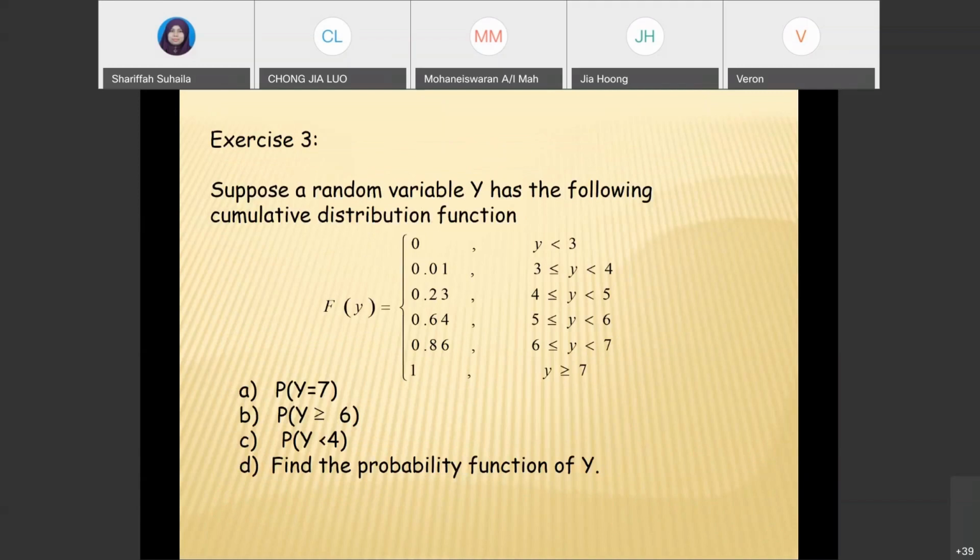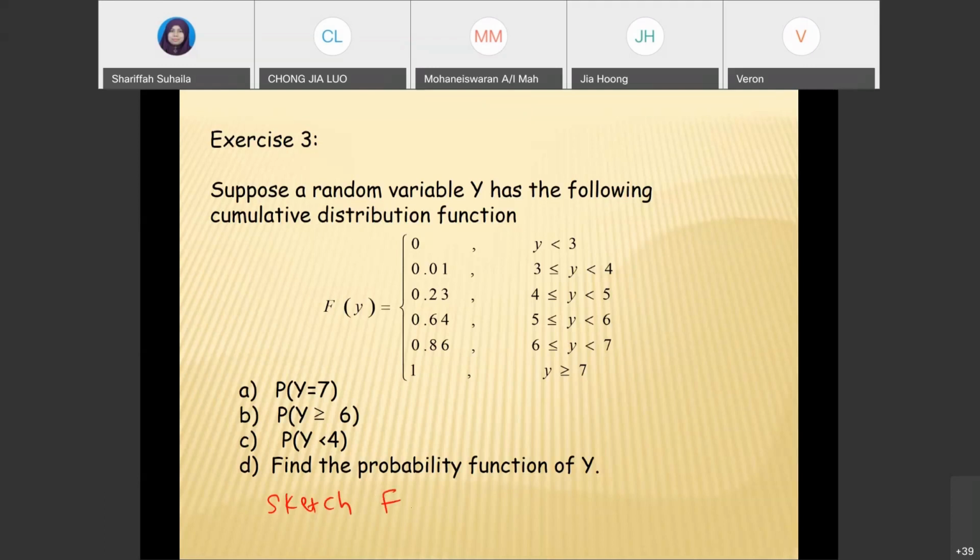The last value is 1. First, I want you to sketch your capital Fy.